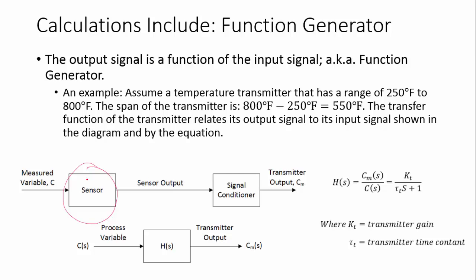In this example, a temperature sensor that consists of a thermocouple will convert a millivolt signal that's generated by the thermocouple into either a 4 to 20 milliamp signal or a 0 to 10 volt DC signal. This block diagram depicts the sensor with a measured variable C, so I'm measuring my temperature and depicting that with C, going to a signal conditioner.